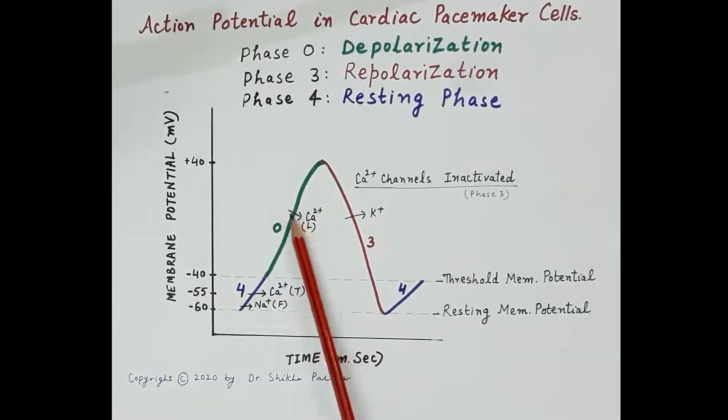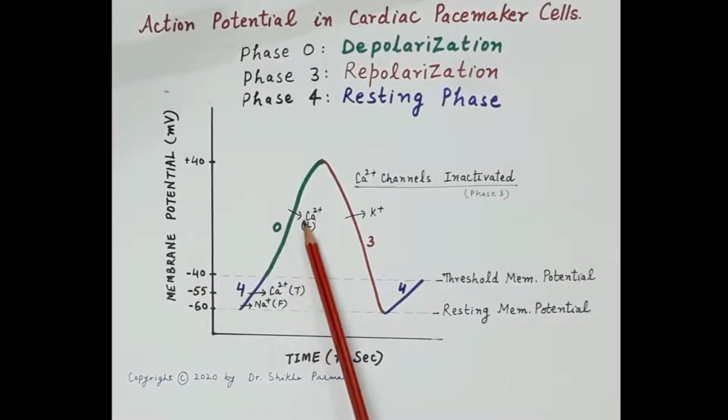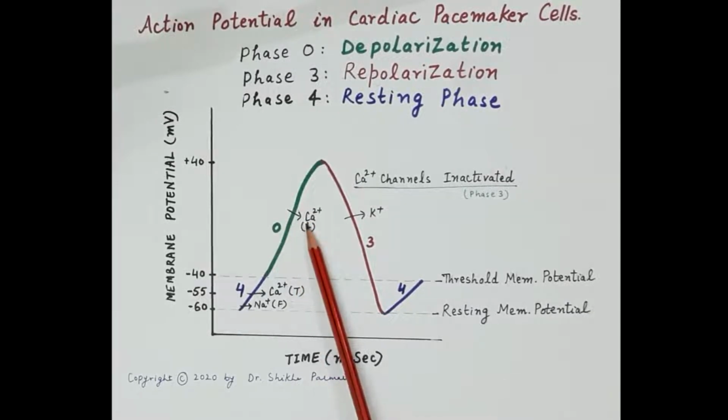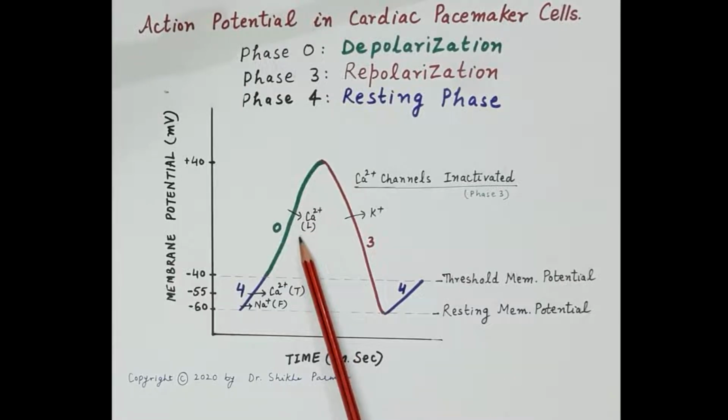So this influx of calcium ions in the nodal cells is responsible for the depolarization, and therefore it is important to note that calcium channel blockers can reduce the rate of depolarization, and they can reduce the automaticity of the SA node, and therefore they reduce the heart rate.